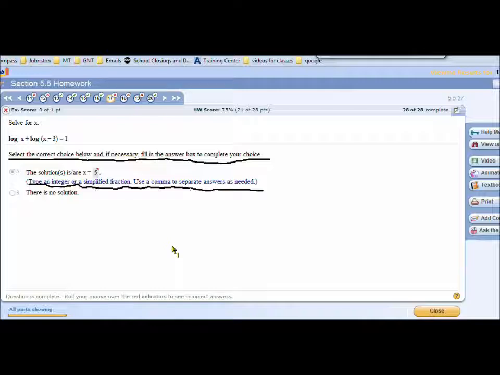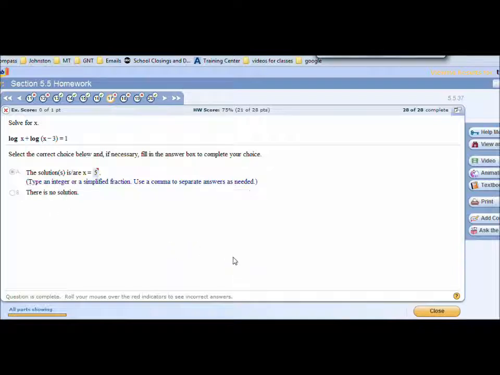In the last problem I worked from this section, they wanted a decimal where you rounded. Here, you're required to put in a fraction or an integer. So that's what we have to do. And as you can see here, since I have the correct answer, it's 5, which is an integer.